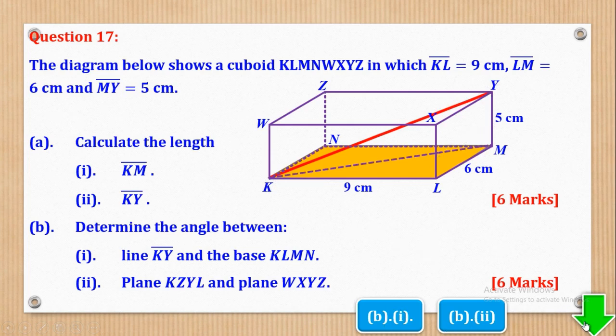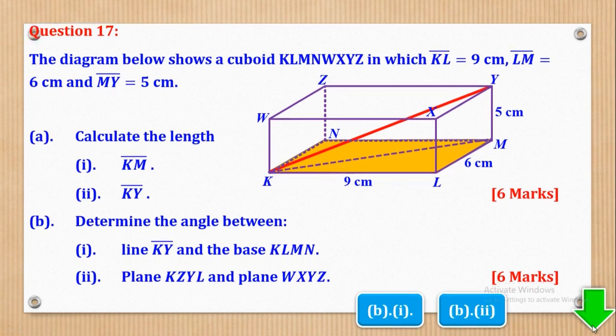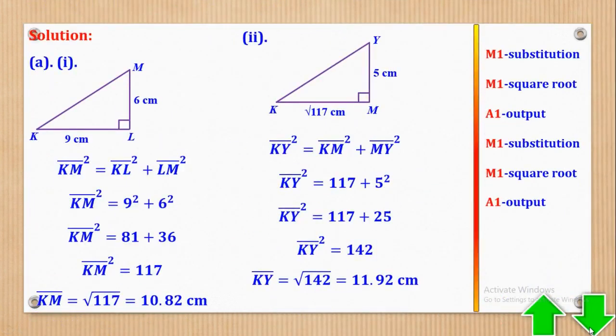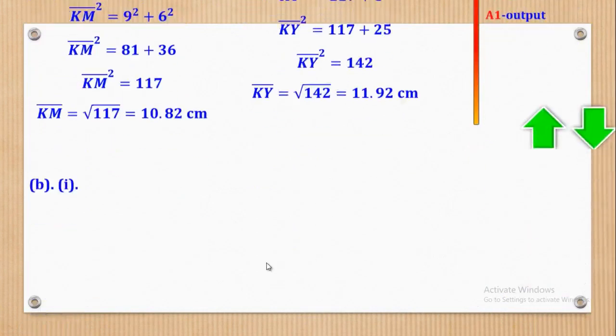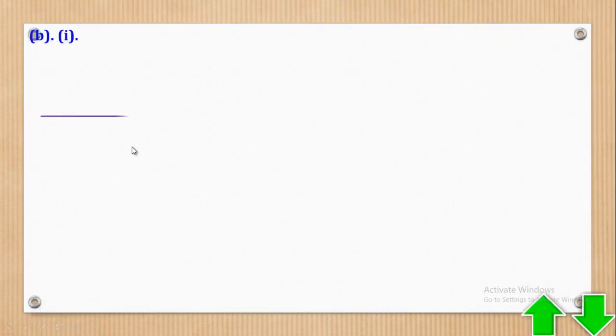So let's come here and draw that triangle. So that is triangle KMY, and we have that and that. So this is the angle which they want.